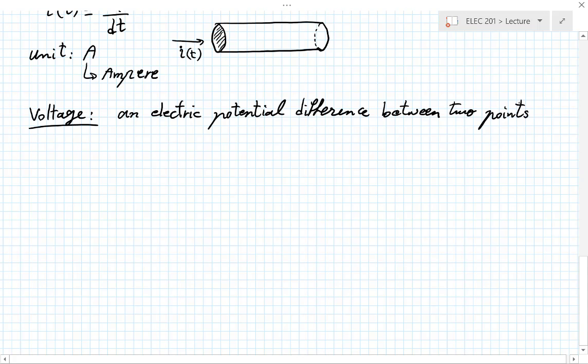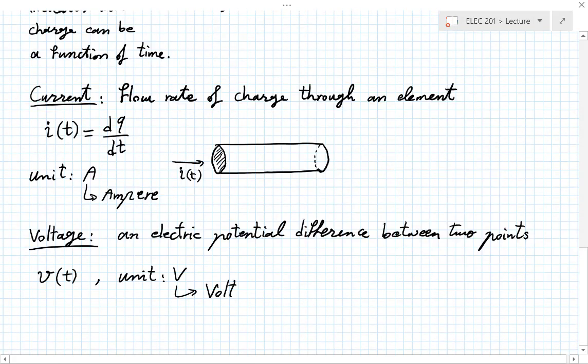And so this would typically be the letter V. Again, it could be a function of time. Very commonly, you would look at a signal on an oscilloscope, and it's a voltage that's changing with time, and your horizontal axis is the time axis. And the unit would be capital V, which stands for volt. Okay.